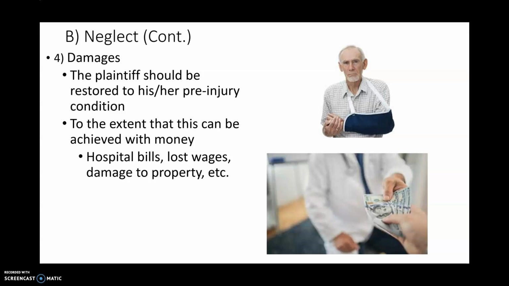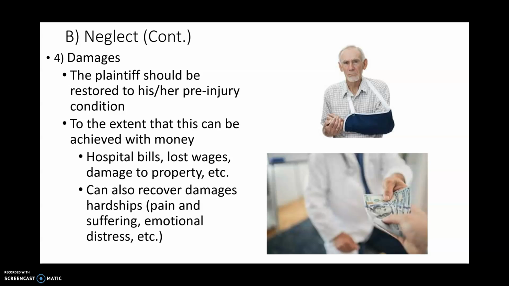If you have a wrongful death suit, then you can say not only did you cause the car accident, but you caused this person to die. And because that person made X amount of money, you're responsible for bringing in that amount of money for a certain number of years. This is where things can get very complex, because you're responsible for making up that loss of income, but there's also going to be recovery for hardships, pain and suffering, and emotional distress.